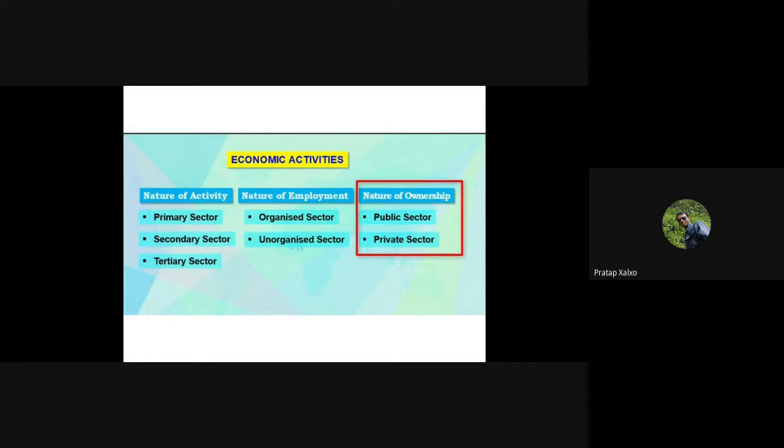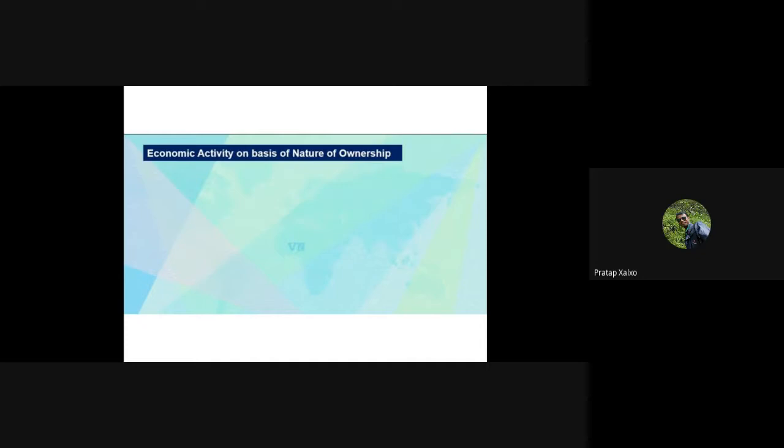Now let's come to the final part of the chapter and understand the difference between the public sector and private sector. Economic activity on the basis of nature of ownership. So let us understand the difference between public sector and private sector.